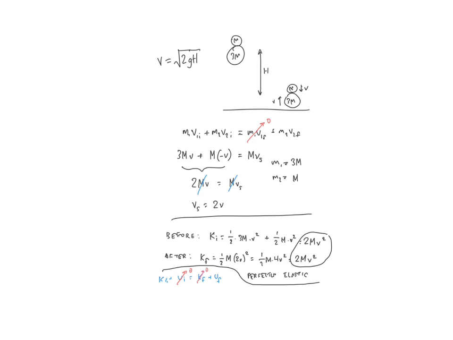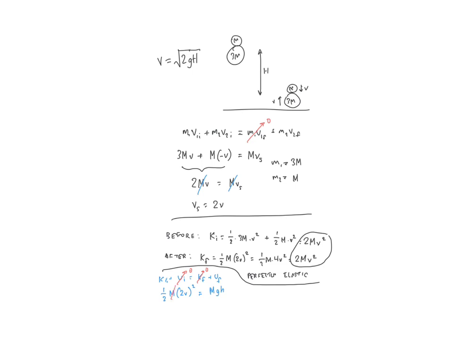Since it is no longer moving at the highest point, we just have gravitational energy. So K initial is equal to U final. We plug in the formulas. We have 1/2 m times the velocity. Remember, the speed was 2v, squared, is equal to the final gravitational energy, which is mg little h.